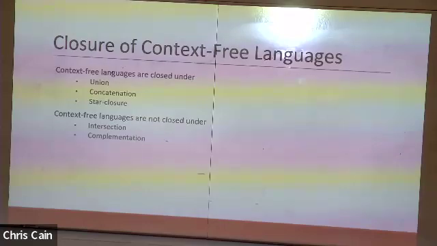Not closed under complementation. So you take the concept of a universal set, which is all strings that could be composed of any characters in the alphabet, and you basically do a reverse of everything: what was rejected by the context-free language is now accepted, and everything that was accepted is now rejected.